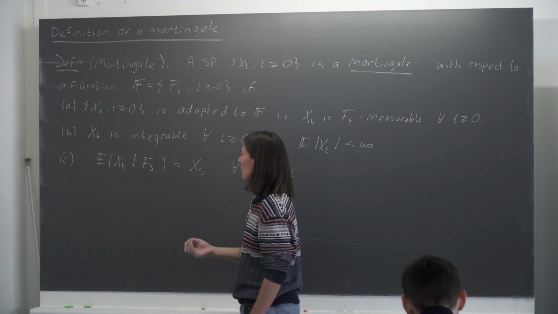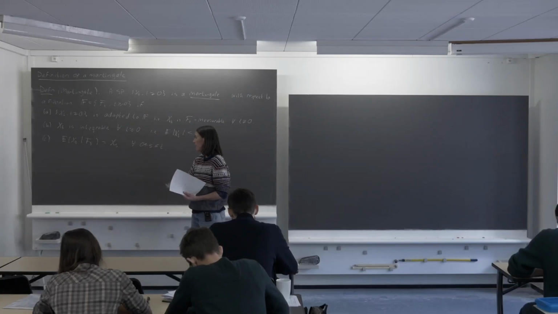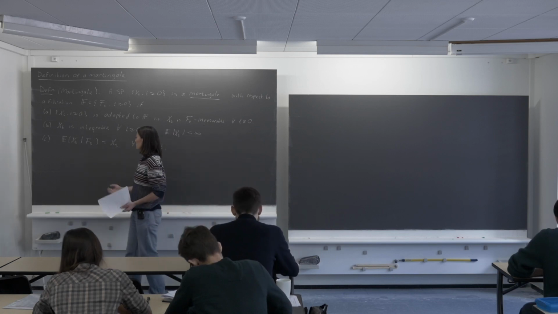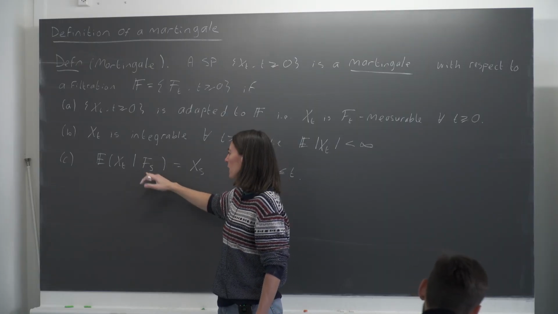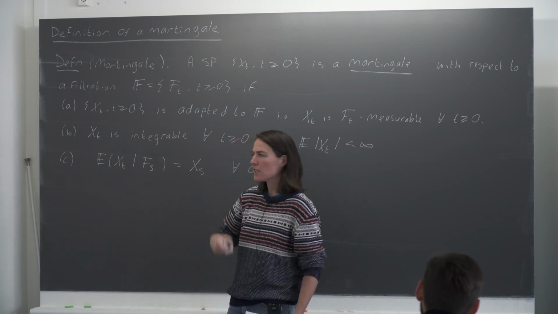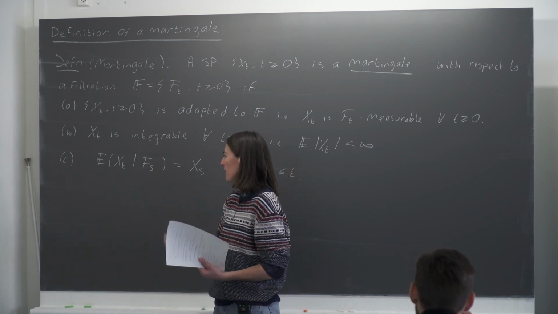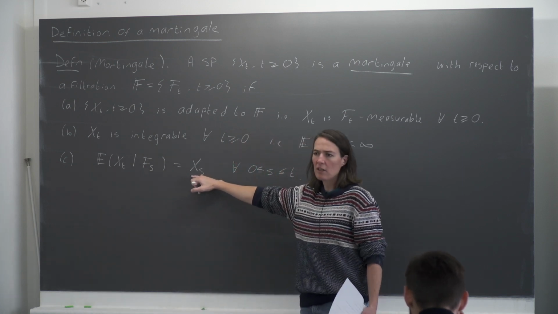If Xt is the wealth of a gambler playing a continuous game, constantly betting some money, and you know how much money he has at time s, and the history of the process up to time s, his expected amount of money at time t is not going to change.